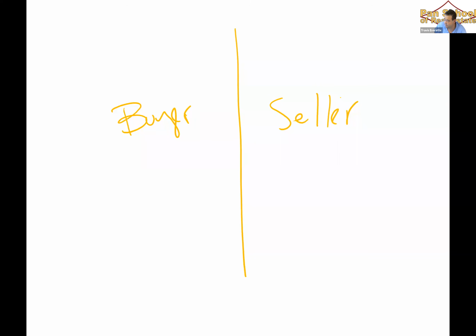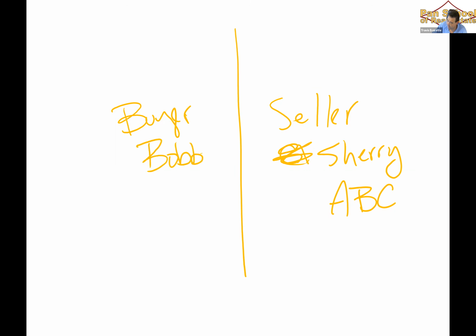If Sherry of ABC Real Estate is listing a property for sale, they both go on the seller's team. And the buyer, Bobby, is being represented by Carlos of XYZ Real Estate.